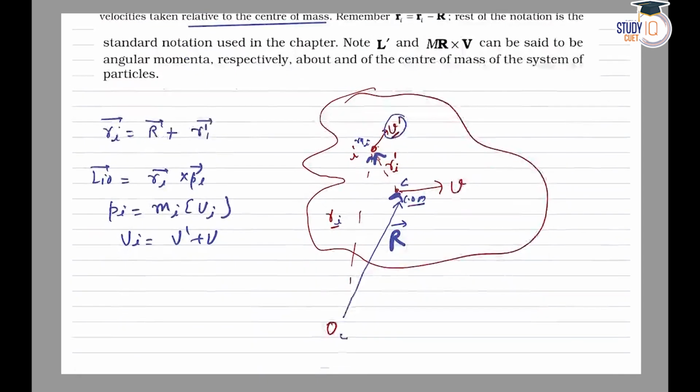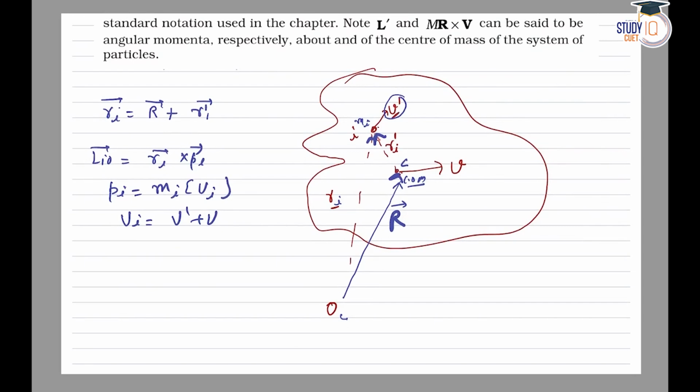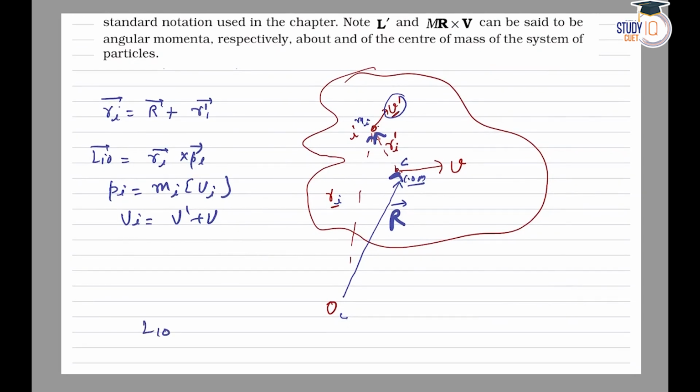On substituting the value of Pi, we can say that LiO, that is the angular momentum of the ith particle with respect to O, can be written as R cross P. So on substituting the value of R, we get R plus Ri prime cross V plus V prime into Mi.